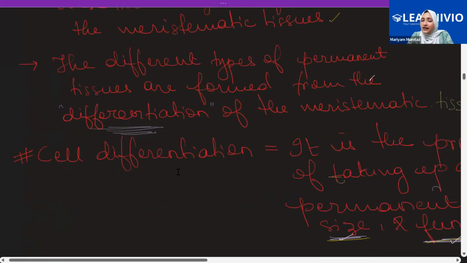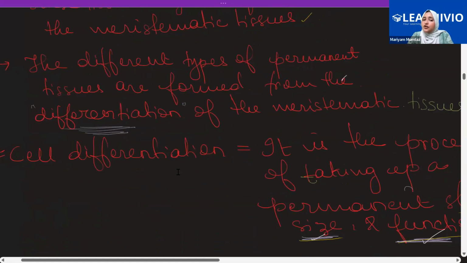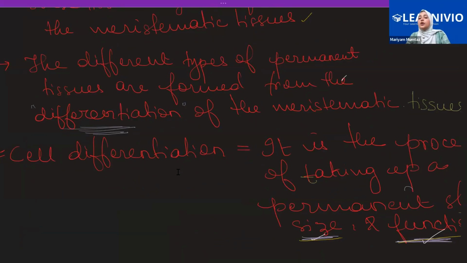And how are they formed? The different types of permanent tissues are formed from the differentiation of the meristematic tissue. Meaning, when that meristematic tissue undergoes differentiation, it will form the permanent tissue. What is differentiation?